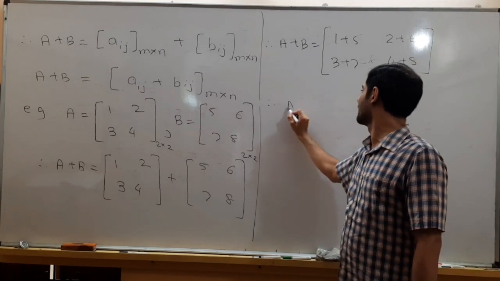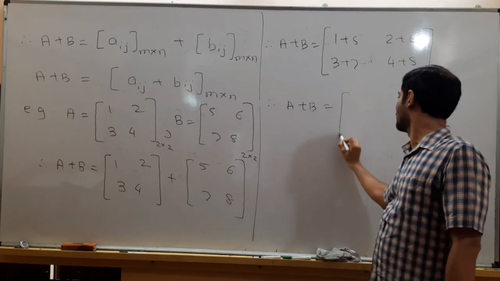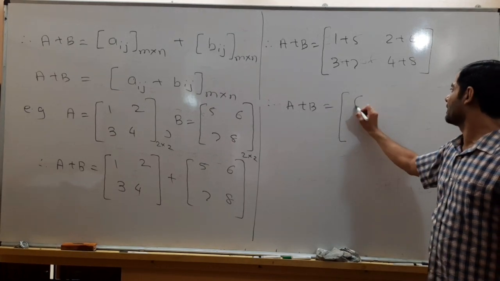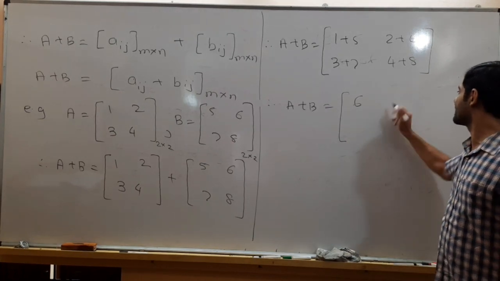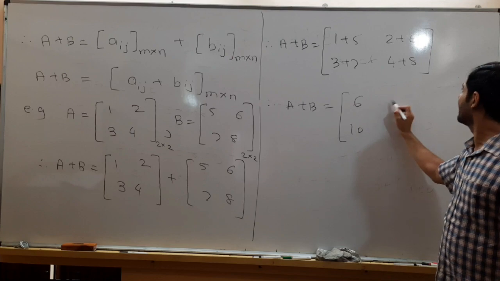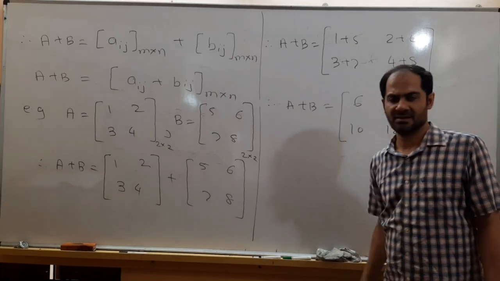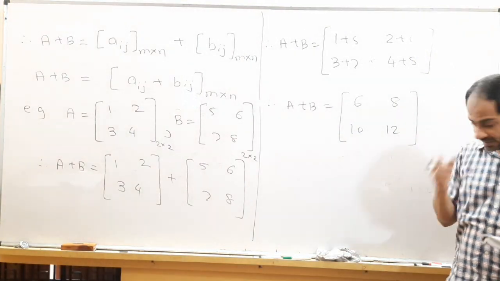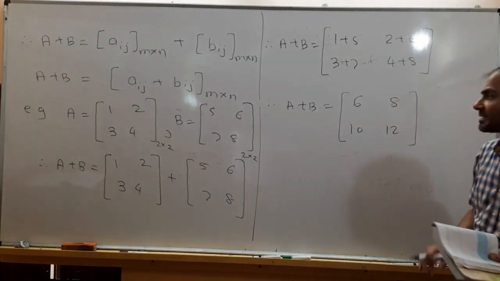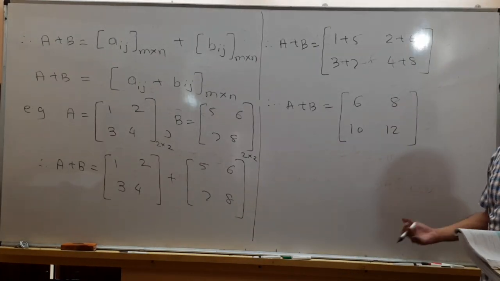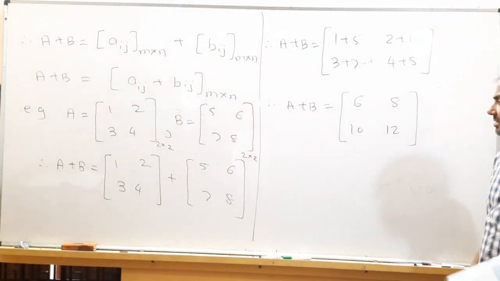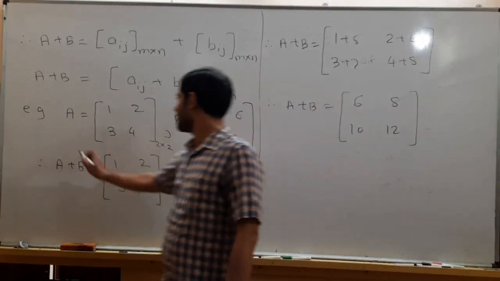See, some students will do it directly, but it's better that when you're starting, you write all the steps. 6, 8, 10, 12. So this is the final answer for A plus B. I think not tough. You want me to give another example? Okay, let me give another example.